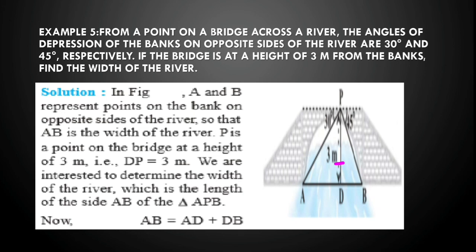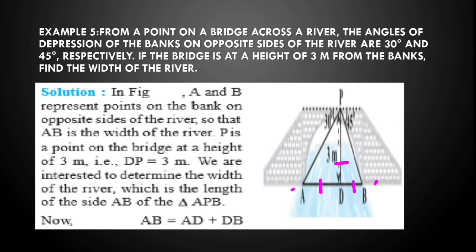You have to find the width of the river, that means you have to find the value of AB. If you look at this picture, you can write AB is equal to AD plus BD. And DP is given as 3 meter because this is the height of the bridge.